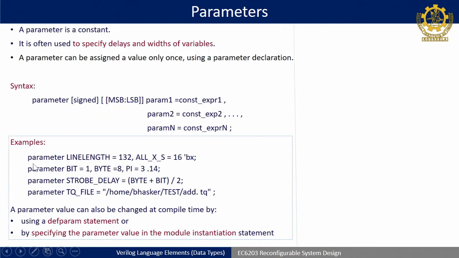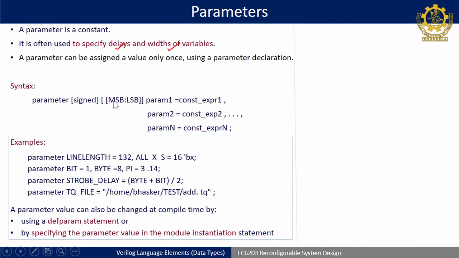Okay. So, the last one is your parameter. We use a parameter when you want to have a constant that can be defined once and used throughout your coding. Okay. Parameter is used for specifying delays, and at the same time it is also used for specifying width. We have done a few RCA codings where we took size minus 1, with a parameter we defined.